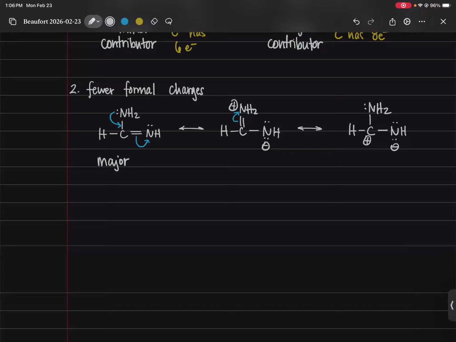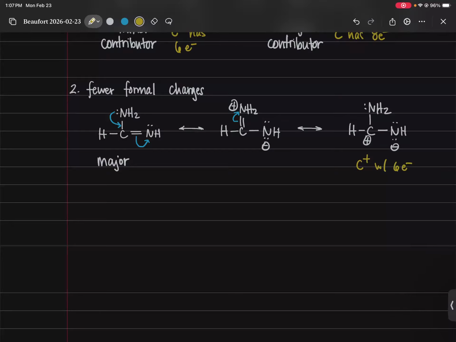The difference is that the structure on the right has that carbon with 6 electrons. So that's not a full octet, and that's actually rule number 1. We want to have the structure with the most filled octets.